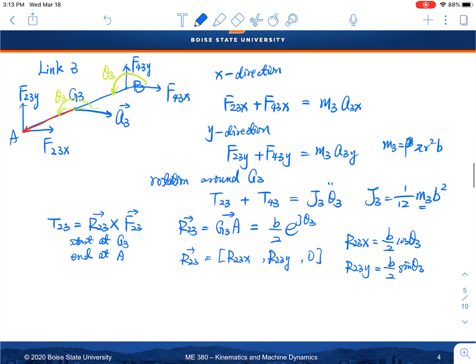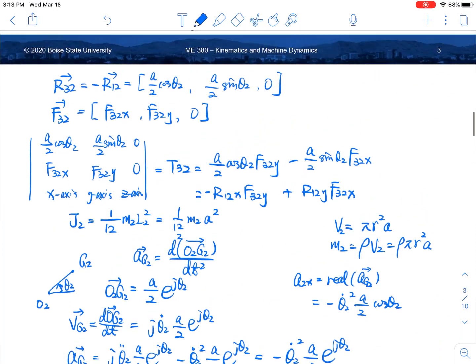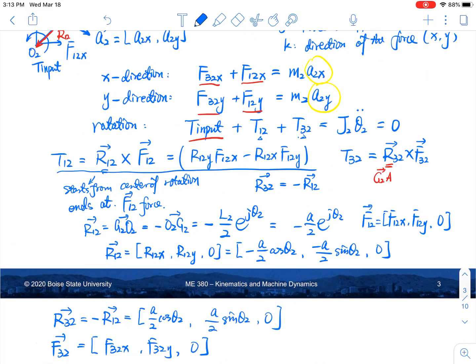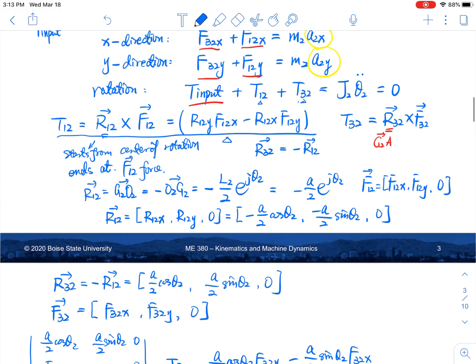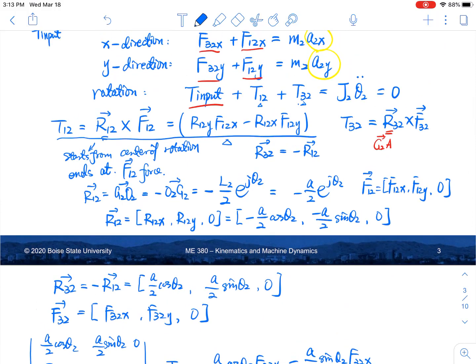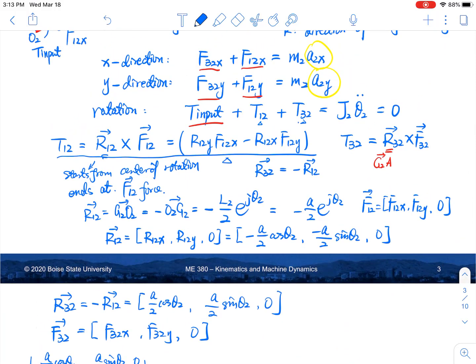If you don't want to do the calculation again, you can directly go back to these equations and replace the subscript, right? Right now you have R12, F12, but then, oh, I think I have a typo here. That should be minus.